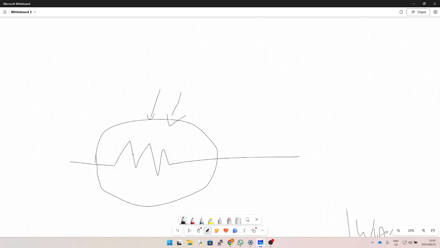Right. Push button, you don't need to know. Sound sensor. It's a microphone in essence because what it does is detect sound waves and convert them to a signal that your Arduino can measure.